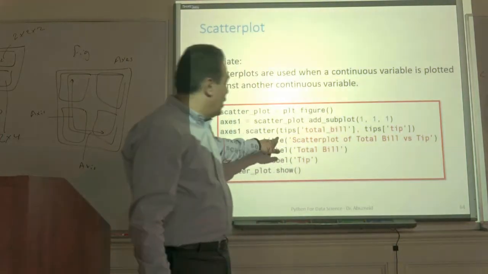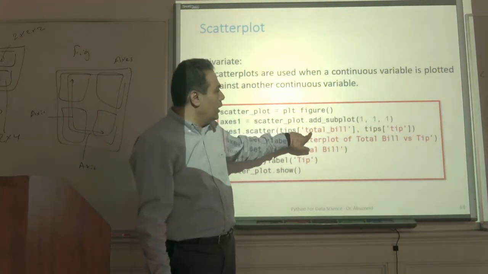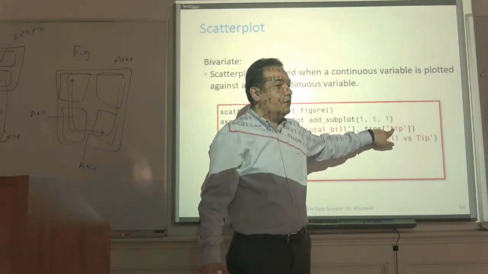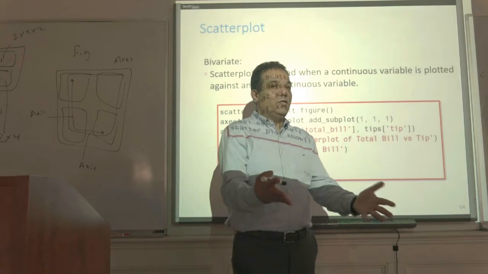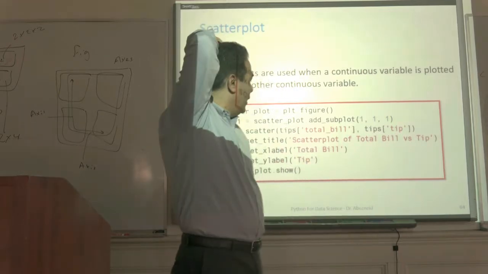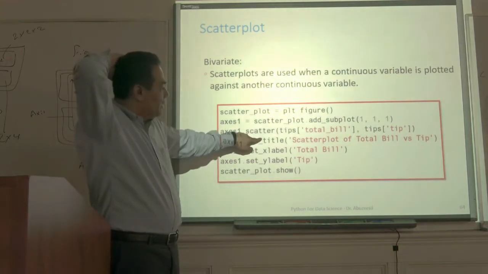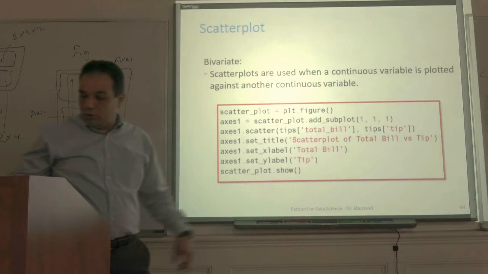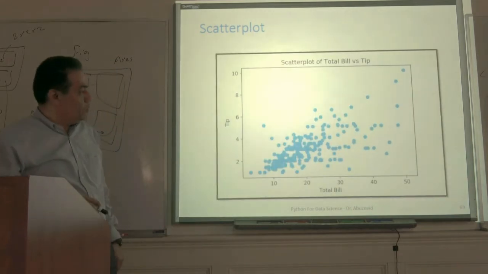Continuous. So I'm drawing total bill against tips. If the total bill is this much, how much is the tip? And then I'm giving it a title, X label, Y label, and then I have to call show to show it.